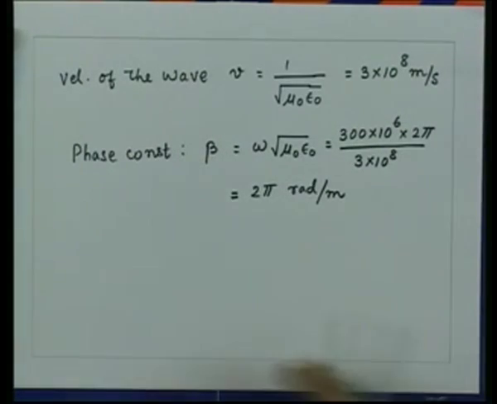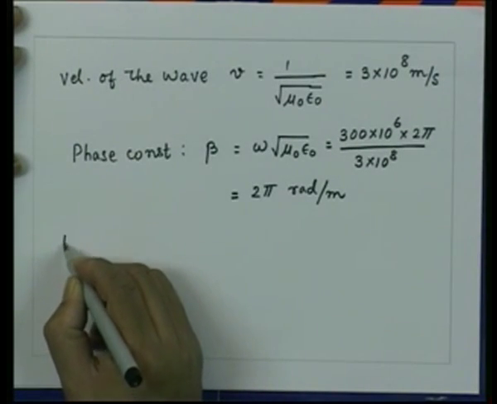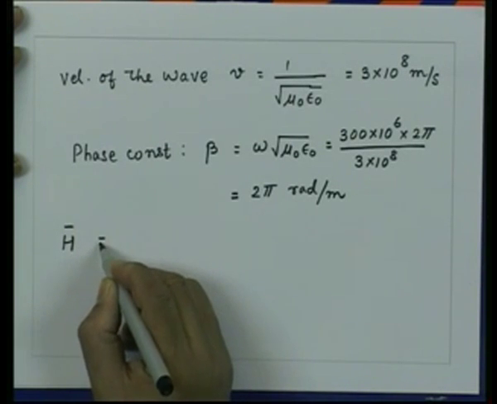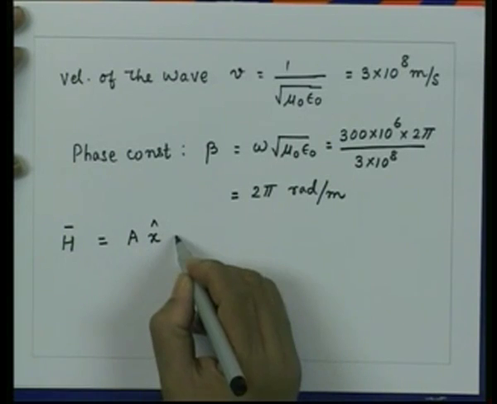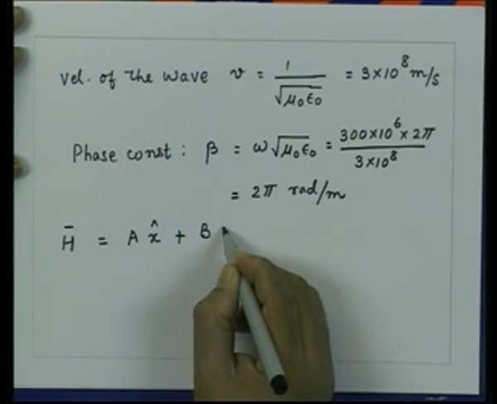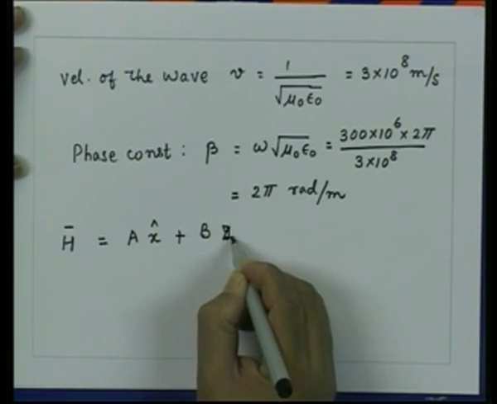So, let us assume that the magnetic field vector H, which lies in the x z plane, is given as A x cap + B z cap.